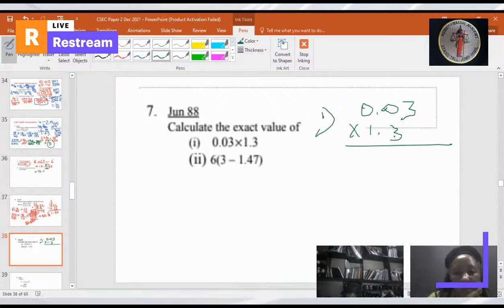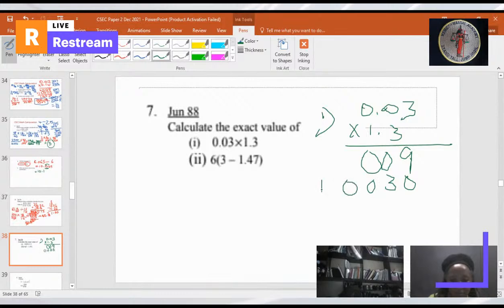Okay, miss. So you would multiply by the 3. So 3 times 3 is 9, and 3 times 0, 0. And now we go to the 1. So 1 times 3, miss, that's 3, and 1 times 0 is 0.